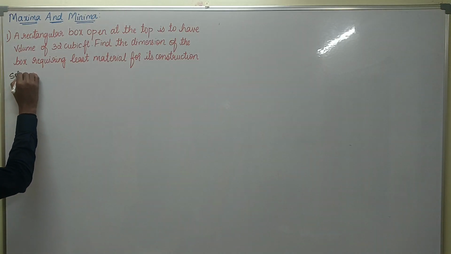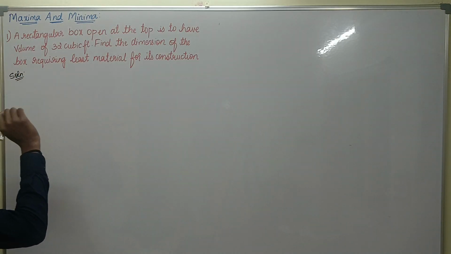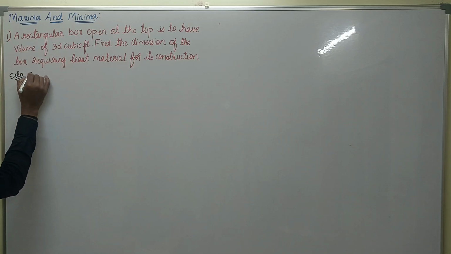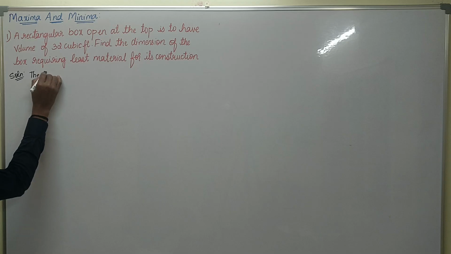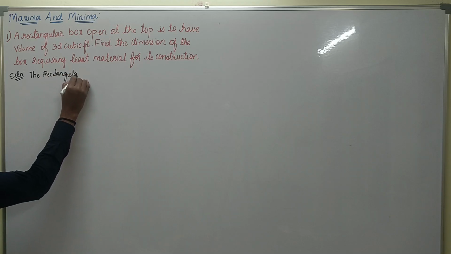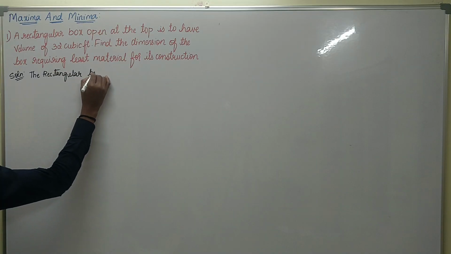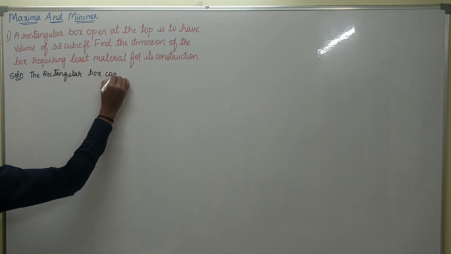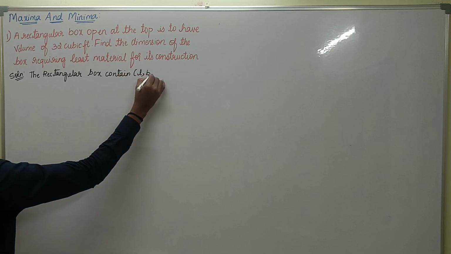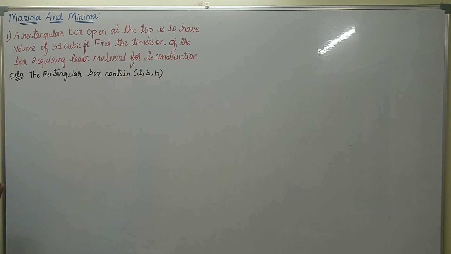First, let us represent the solution. What they have given is a rectangular box. A rectangular box contains length, breadth, and height.